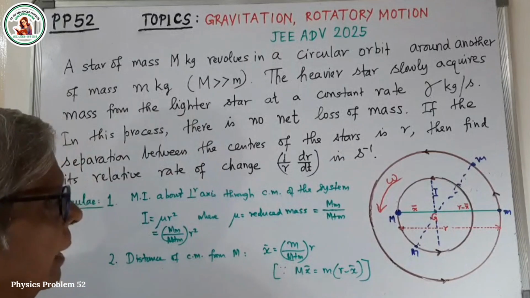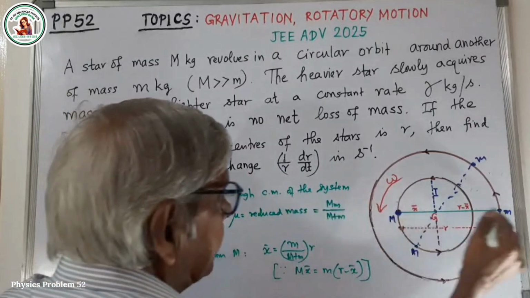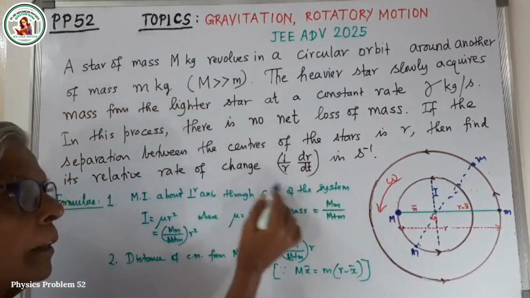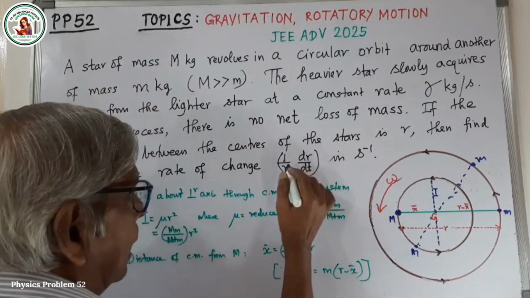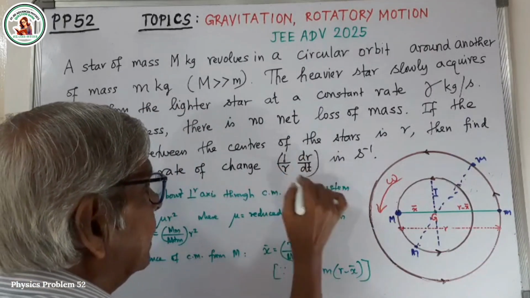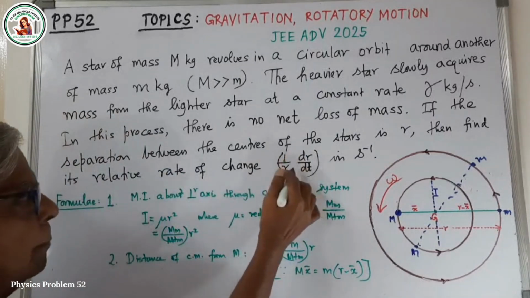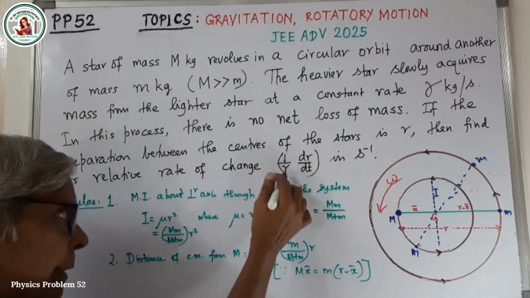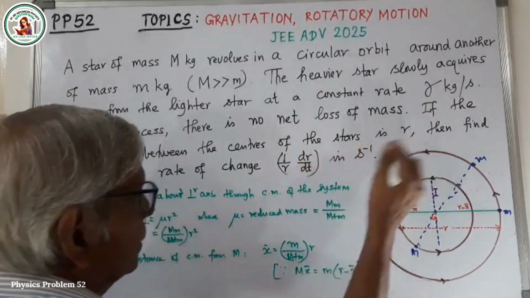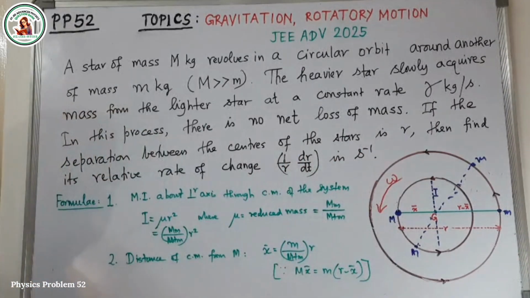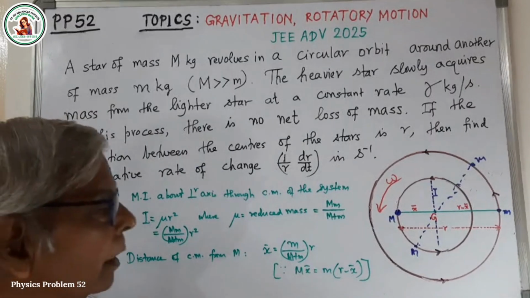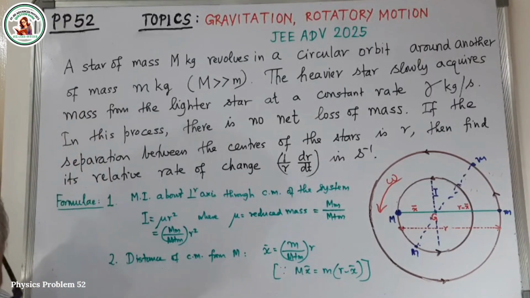Here the radius changes, that is clear from the requirement of the question itself. 1 by r dr by dt is the rate of change of r. Relative means you divide by the present instantaneous radius, you get the relative rate of change of radius. So that is what we want to find.